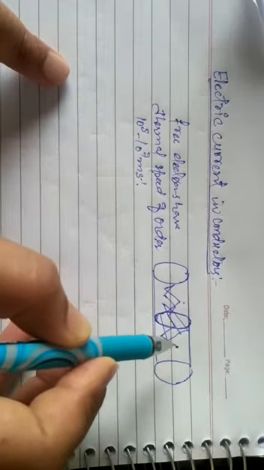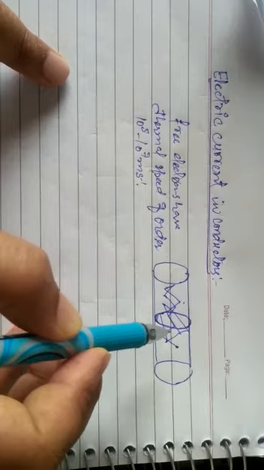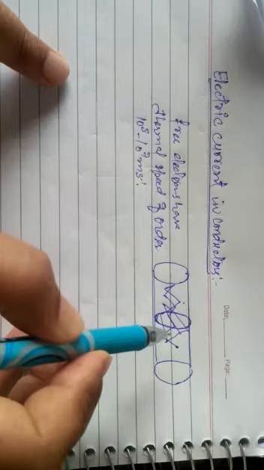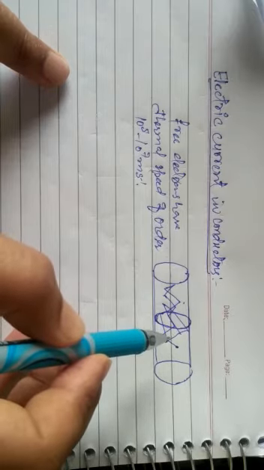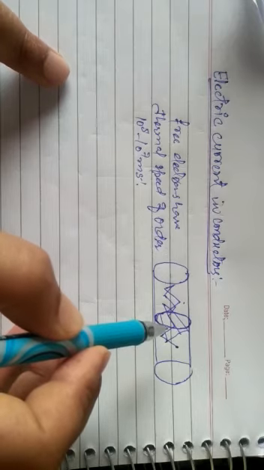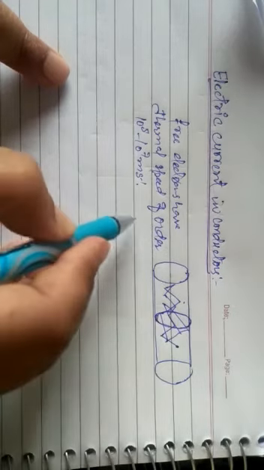That is, there is no net flow of electrons through a given cross section of the conductor. Hence the net flow of electrons is zero.